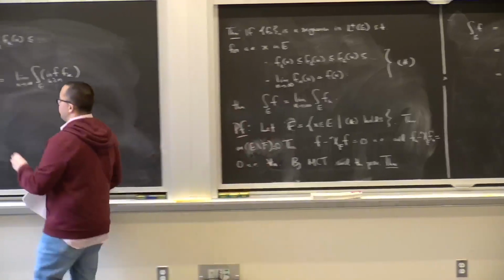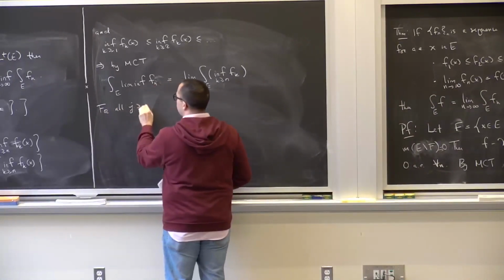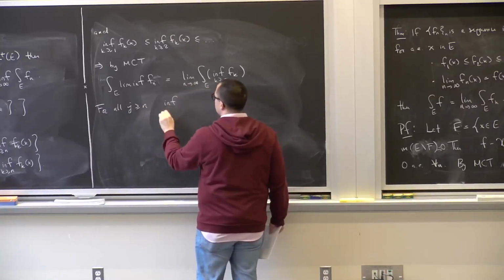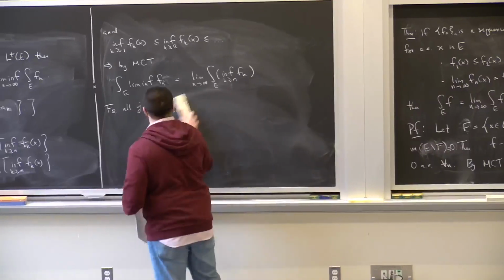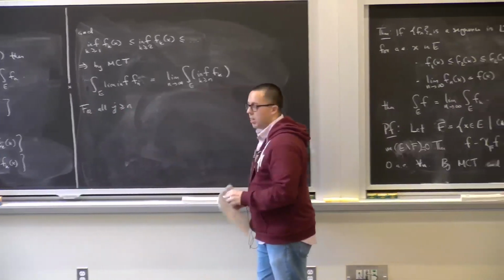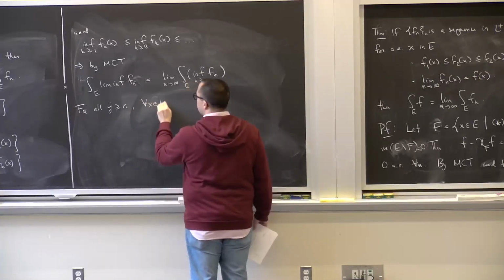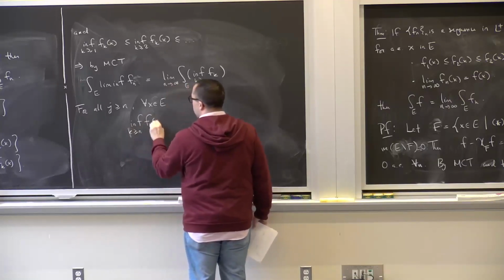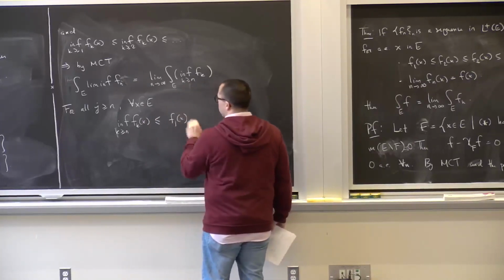All right. Now, for all j bigger than or equal to n, for all x in E, I have that the inf over k bigger than or equal to n of f_k of x is certainly less than or equal to f_j of x.